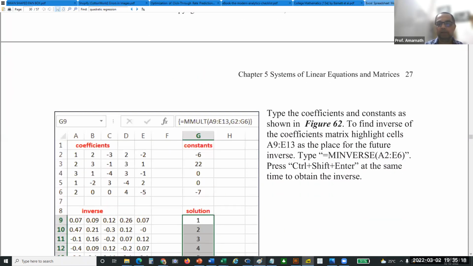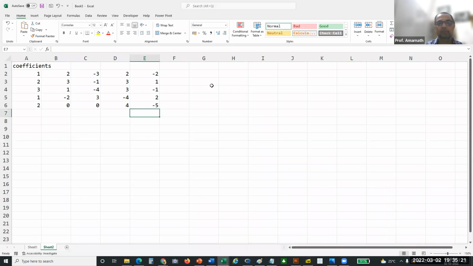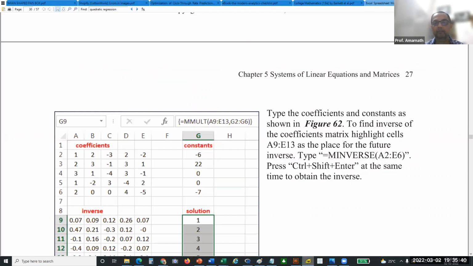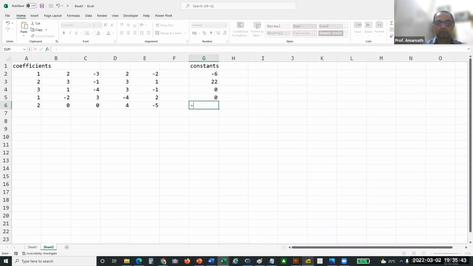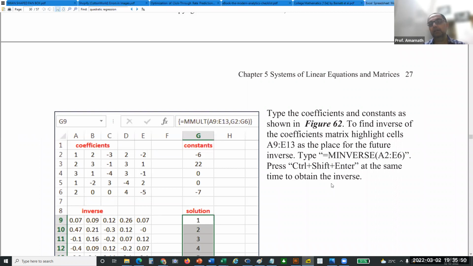Leave a gap and put the constants: minus 6, 22, 0, 0, minus 7. I need to find the values of x1, x2, x3, x4, x5.